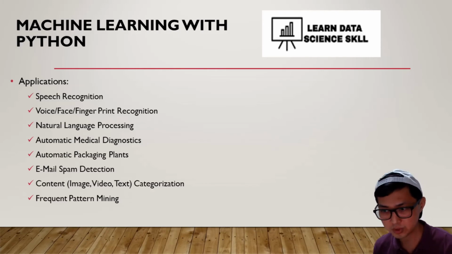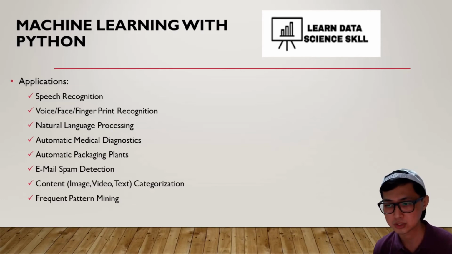Frequent pattern mining is a technique very widely used in many e-commerce platforms such as Amazon, which will recommend different products based on the products that you have browsed or purchased previously.